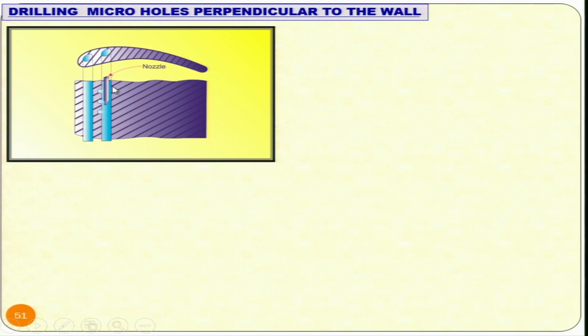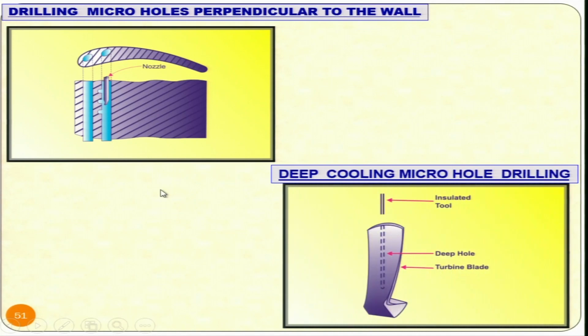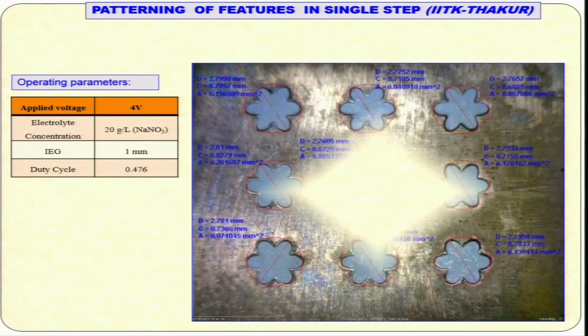So you can see here this is the nozzle and these are the micro holes that are being drilled in the turbine blade. Deep cooling micro hole drilling, this is the one that you can see, this is the insulated tool, deep hole turbine blade. Operating parameters that I have shown.